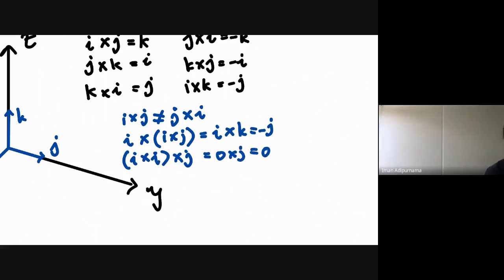So it's also different. It's not commutative, so you cannot replace the brackets, and it will be different in order, right?